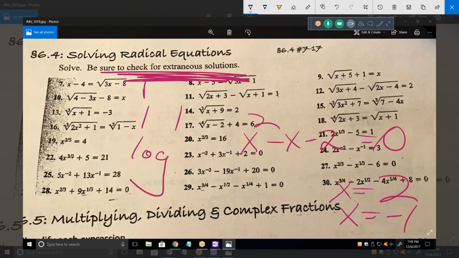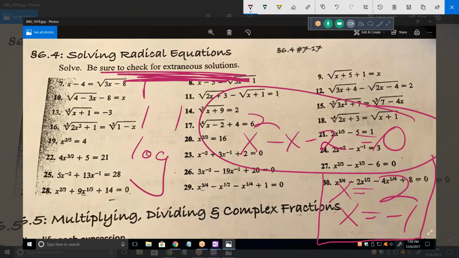But that's an equation that doesn't have any of these 3 things in it. It doesn't have a radical sign, doesn't have an absolute value sign, doesn't have logs. So I'm pretty comfortable not checking for extraneous solutions. I've never found a polynomial yet that produces an extraneous solution. So it's not regular polynomials that do it. It's the kind of problems that are on this page.